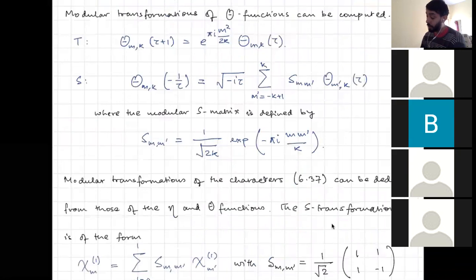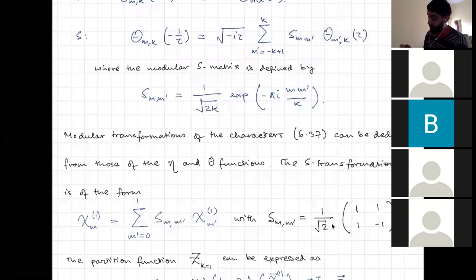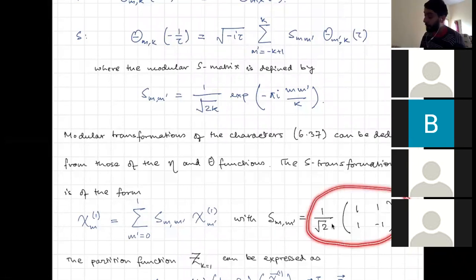So you can write down what the modular properties of the chi would be, and this chi will be given by this modular S matrix times the sum of these. This is going to be rotations, if you wish, in field space, and this S_MM in this case will be given by this particular matrix.